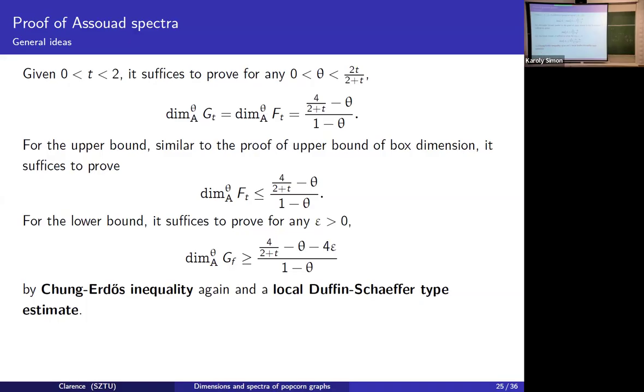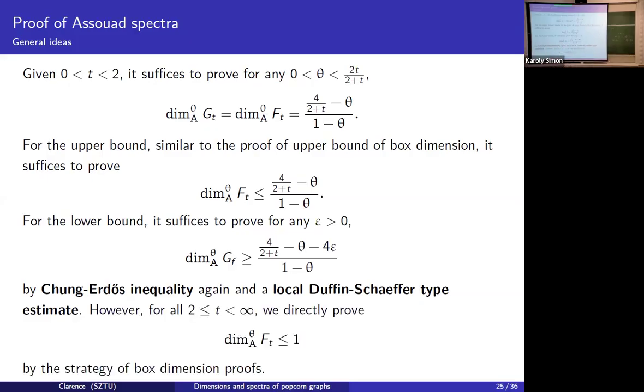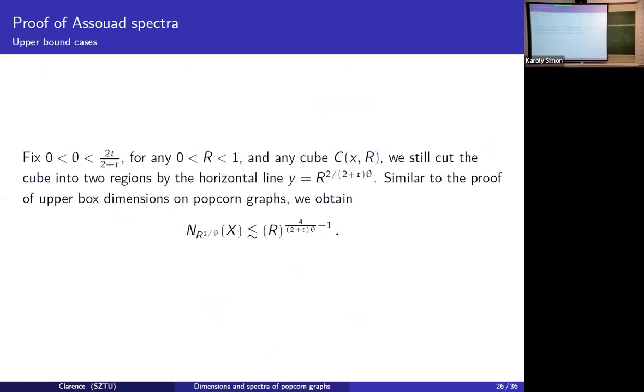And as for the lower bound, we need to apply the Dodge inequality again at first. However, we need to prepare another differential type estimate just for the local settings. As for t larger than 2, by a natural argument, we can say directly that the Assouad spectrum equals 1.